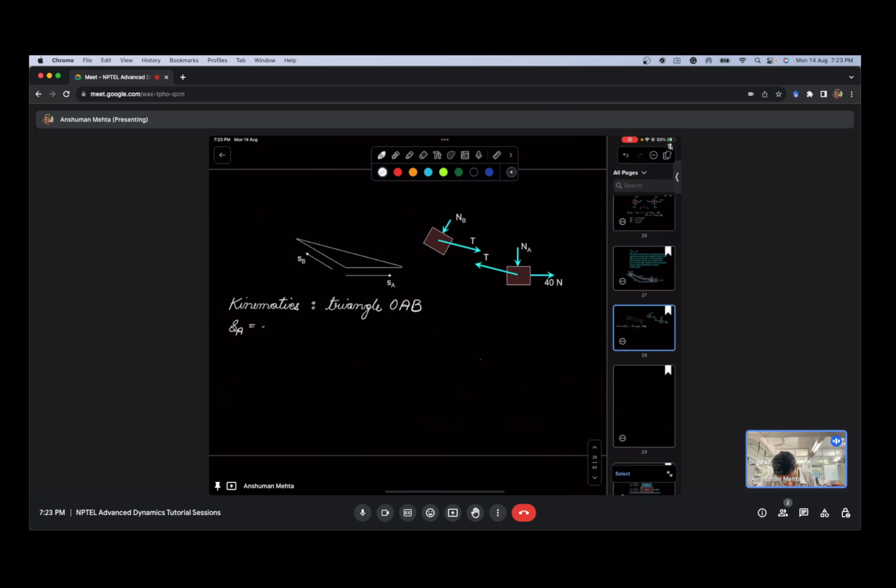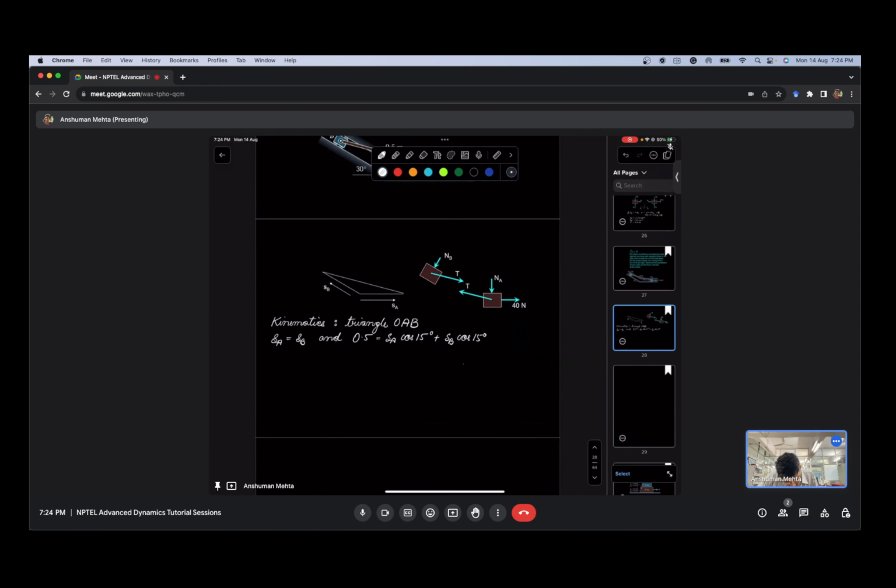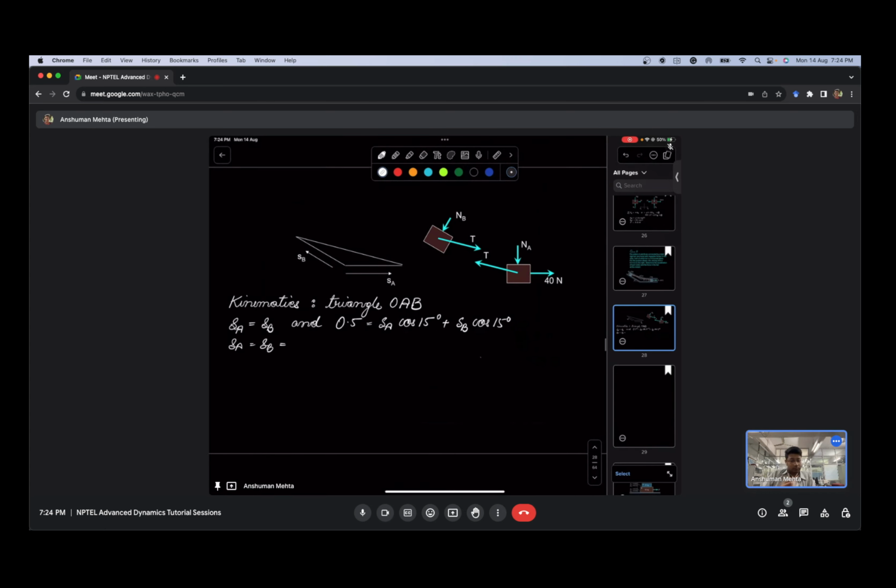S of A is equal to S of B, and 0.5 equals S of A cos 15 degree plus S of B cos 15 degree. So this gives us that S of A is equal to S of B is equal to 0.2588 meter.